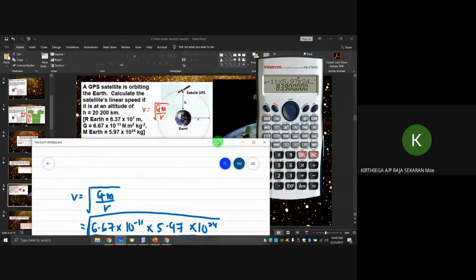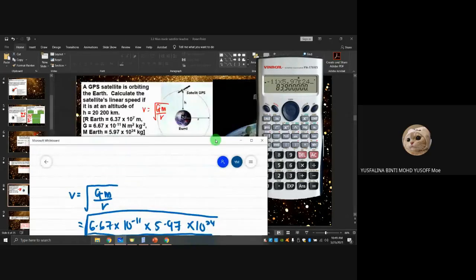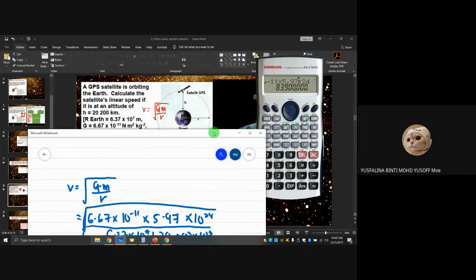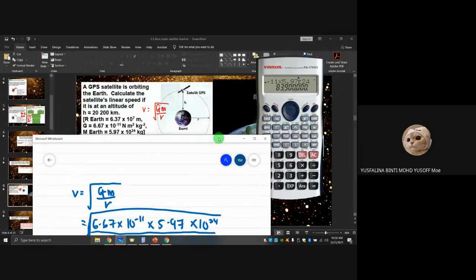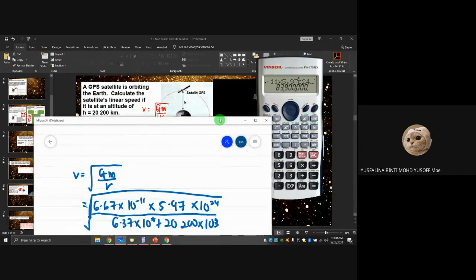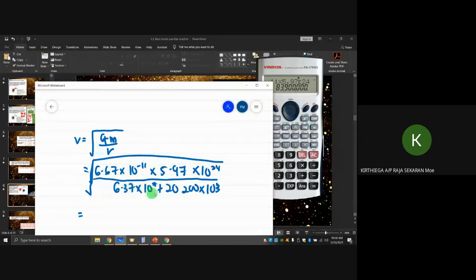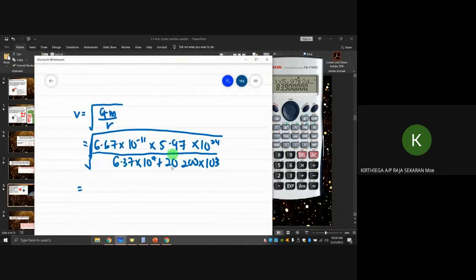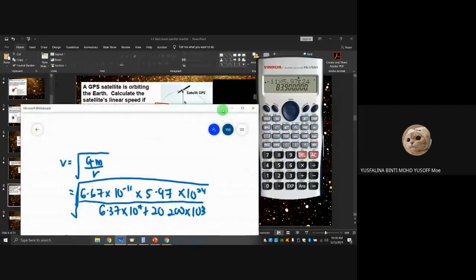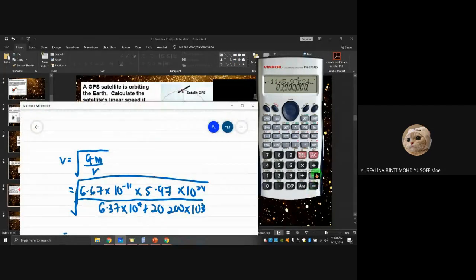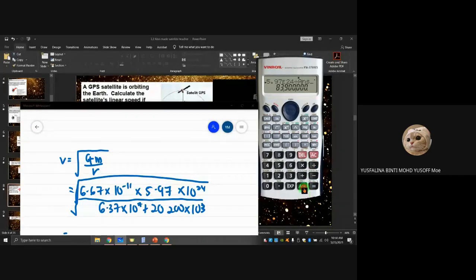Oh, the G value is 6.67 times 10 power of negative 11, right? Yeah, but teacher put 6.37 if I'm not mistaken. Oh, that one is the R. This one is the radius, not the G. Oh, okay. Then you have to divide by the answer, you got this one, and then you have to square root the answer.